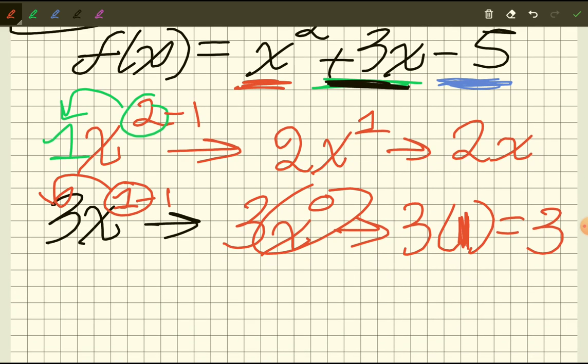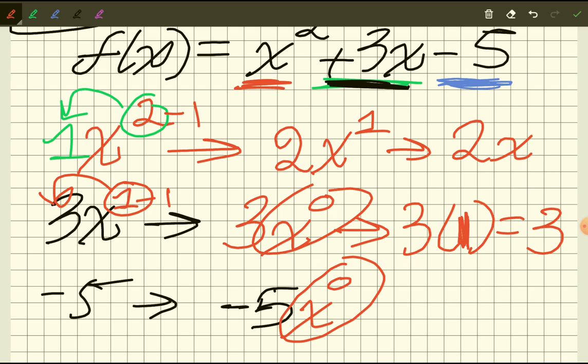Last piece, we have negative 5. Now let's talk about negative 5. Can you imagine there's an invisible x to the 0 right there? We can do that because x to the 0 is equivalent to 1. So we can put an imaginary x to the 0 there if we want to.